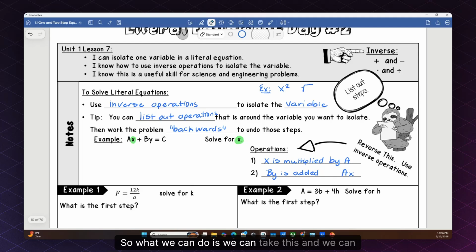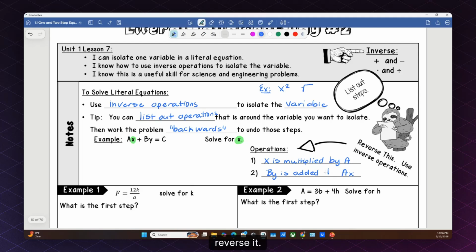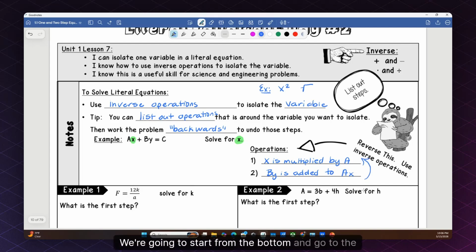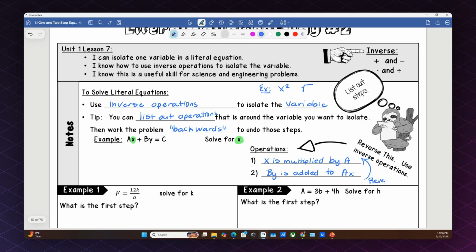So what we can do is take this and reverse it. We are going to start from the bottom and go to the top because we are going to do reverse PEMDAS. So we're going to reverse the order of operations. What does that look like? If by is added to ax, then the inverse would be subtraction, right?